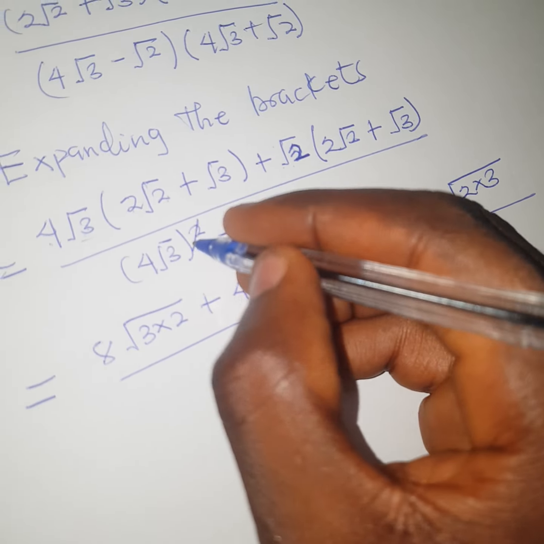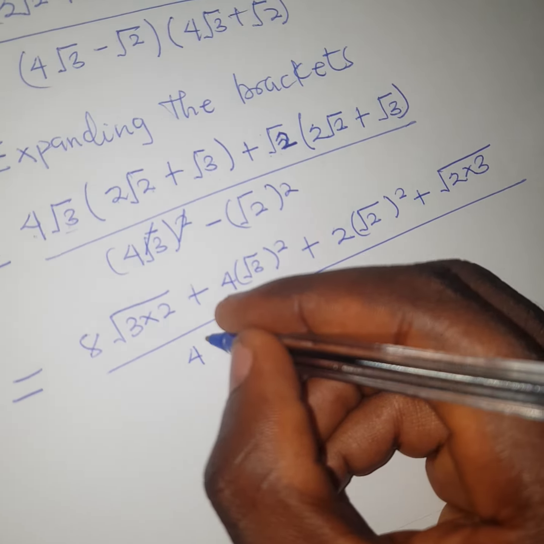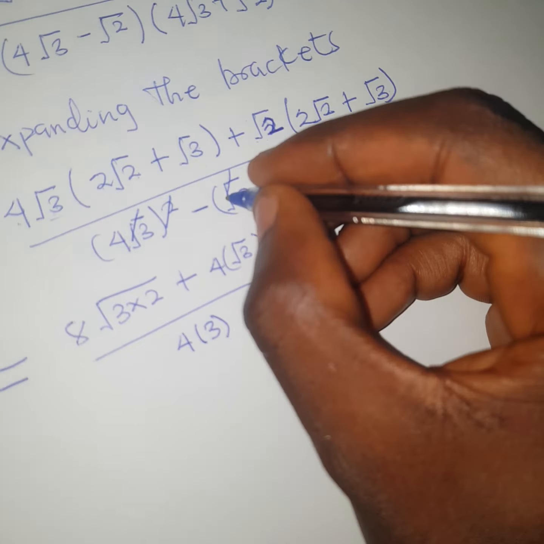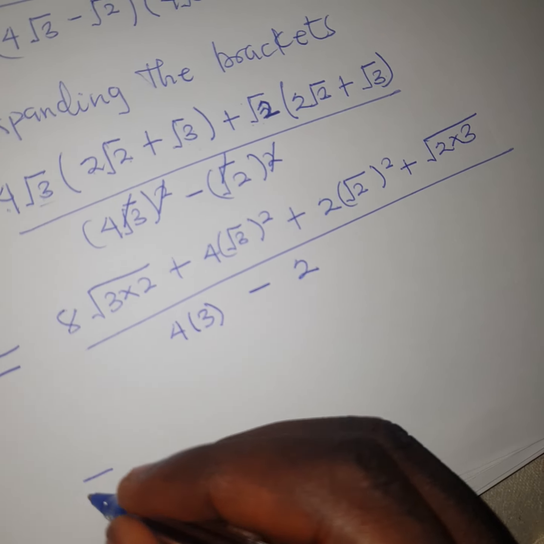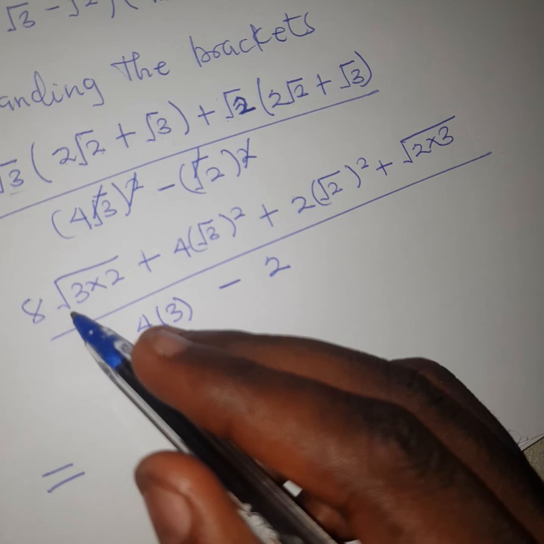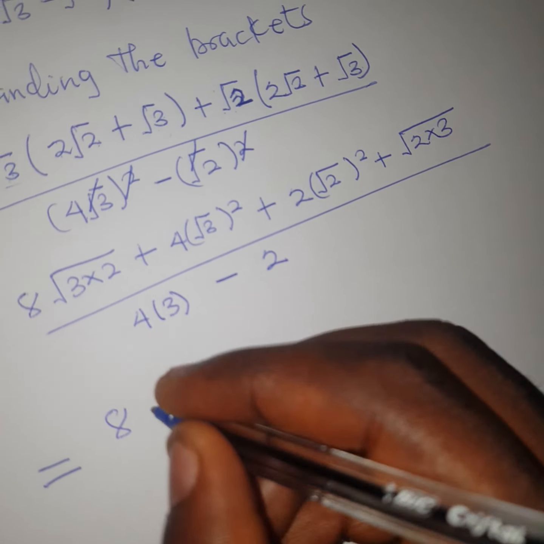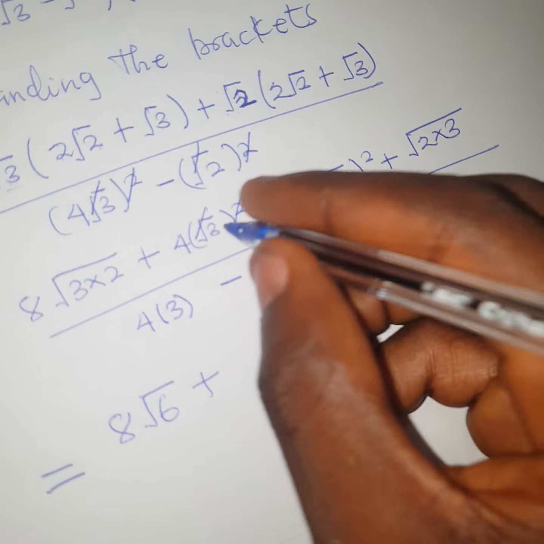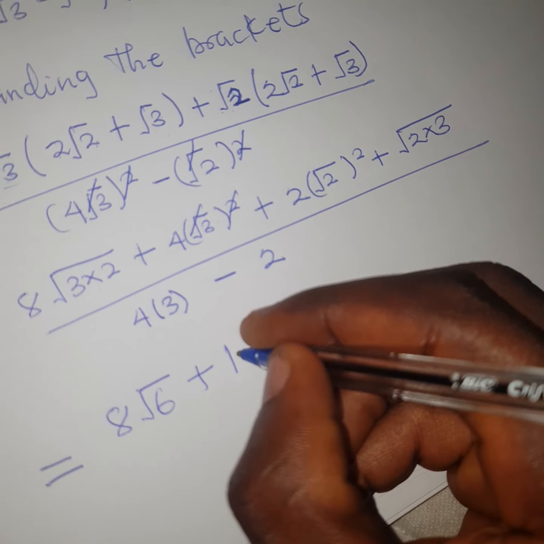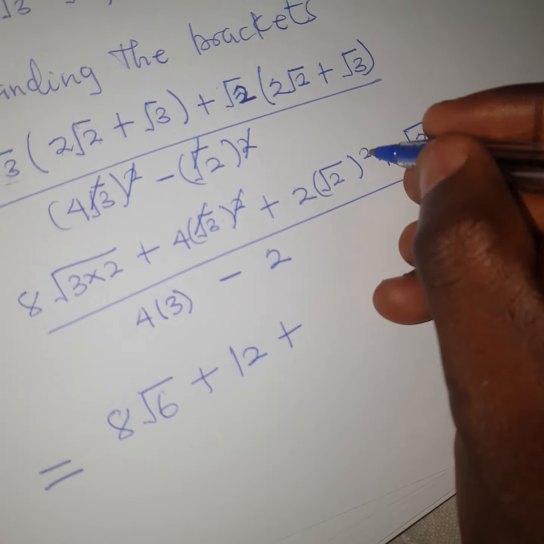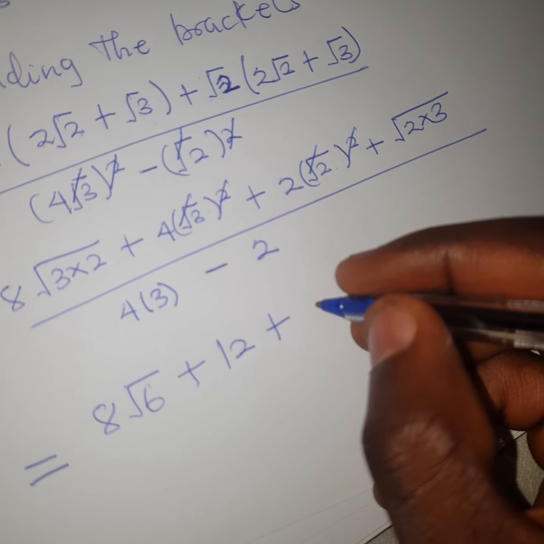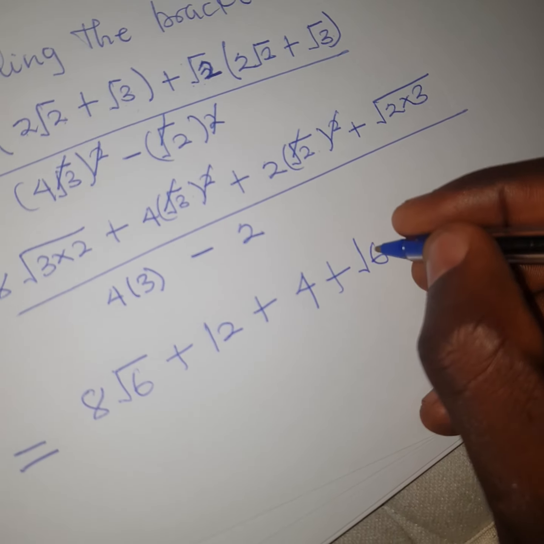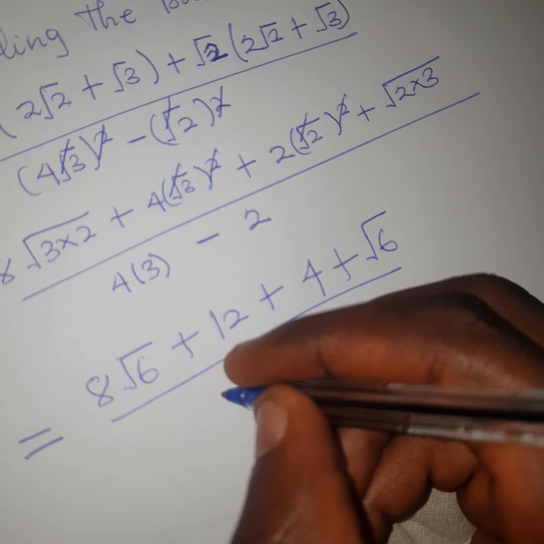all over, this will cancel this, giving you 4 times 3 minus this will cancel this 2, and so simplifying this, you get 8 root 6 plus 4 times 3, which is 12, plus this will cancel this times this, you get what, 4 plus root 6 all over 12.